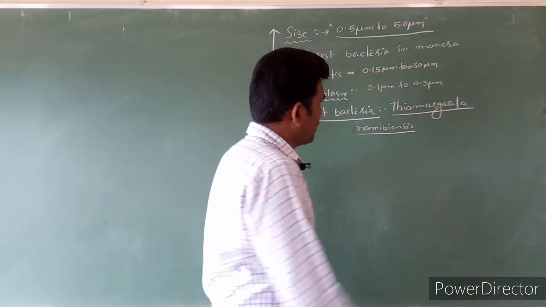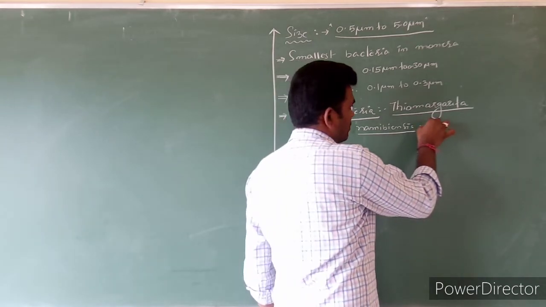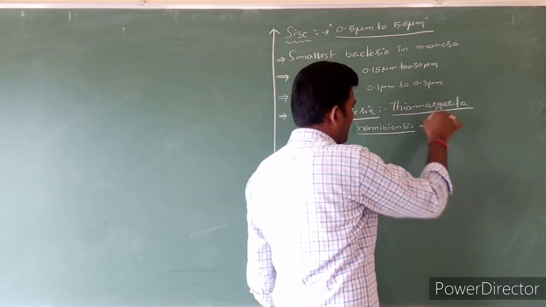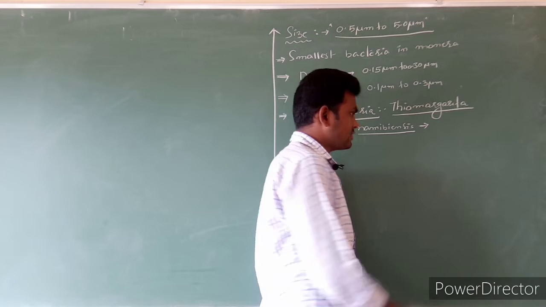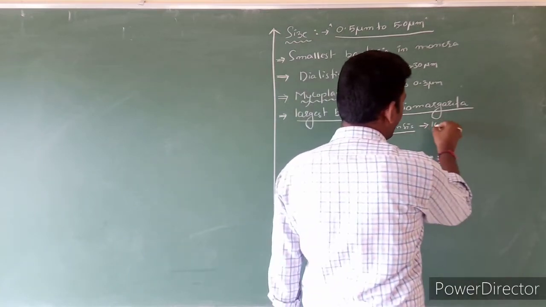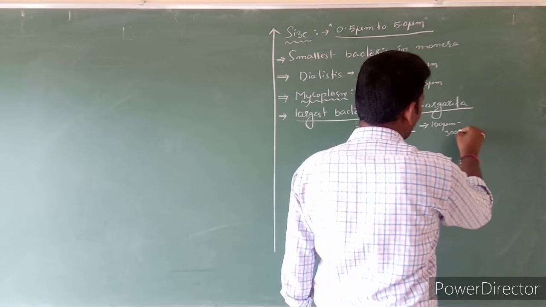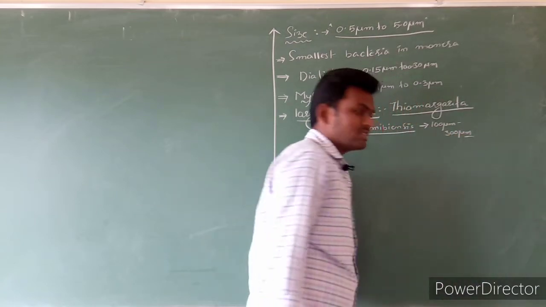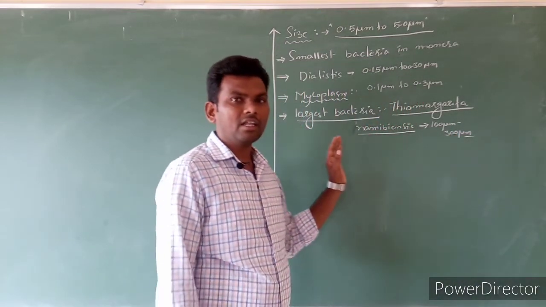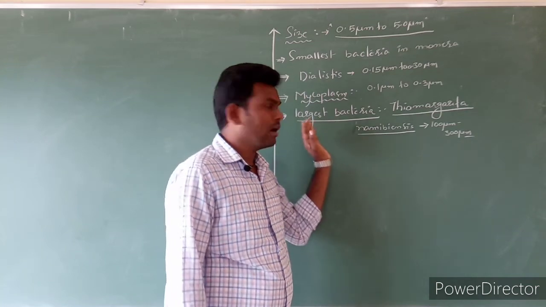Here, the average size of Thiomargarita namibiensis is 100 micrometer to 300 micrometer. So this is the largest bacteria in Monera.